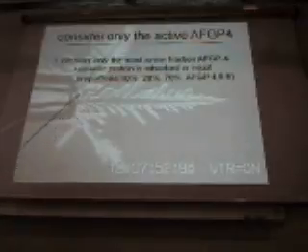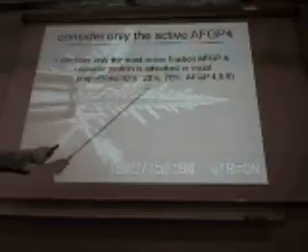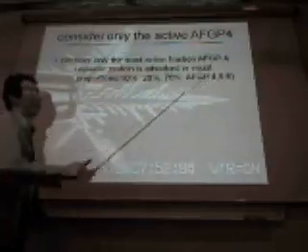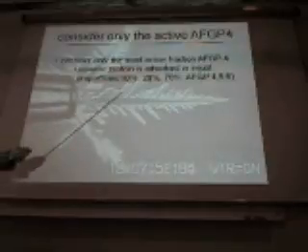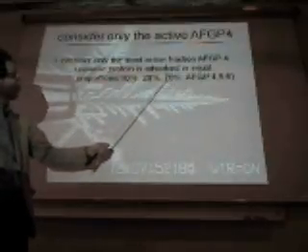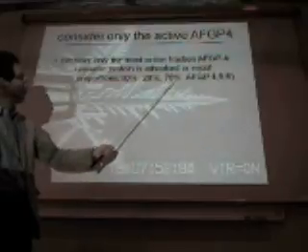Now we consider the sample of protein, a mixture of AFGP types 4, 5, 6, where AFGP6 is 70%, and some literature says 6 is very active, but 4 and 5 are not so active. So we consider that.